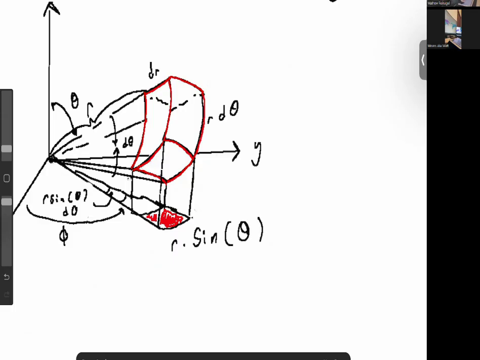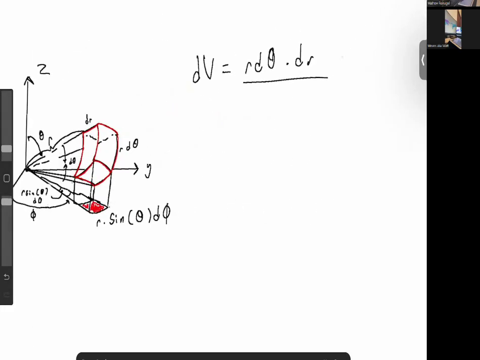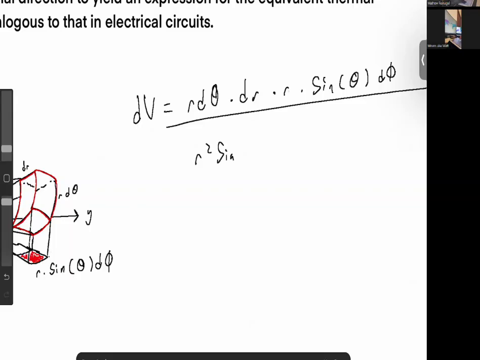And this would be in regard to the change of this direction, which we're calling phi, so change of phi. So when we add this all together, we multiply this by r sine theta and then d phi. We underline this. Now if we combine like terms, this is r squared sine theta, d theta, dr, and d phi.